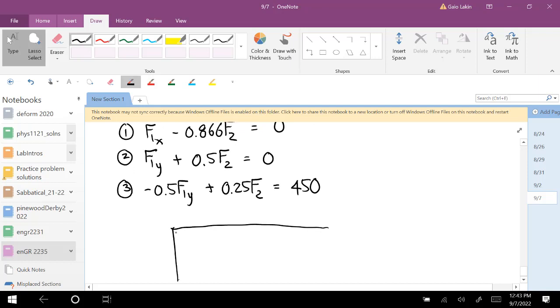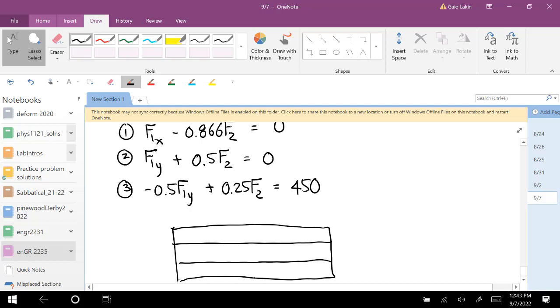And so our augmented matrix, I'll use the same order of variables, F1x, F1y, F2, constant, and the equations 1, 2, 3.